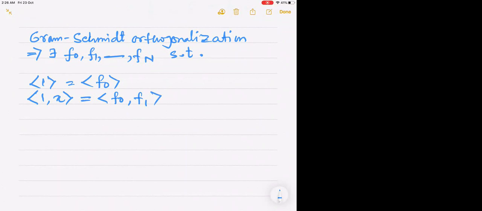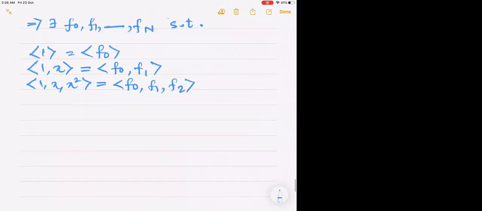All polynomials of degree less than or equal to 2 can be expressed as a linear combination of f0, f1, f2, and so on, up to 1, x, x squared, ..., x to the power n, which should be expressible as a linear combination of f0, f1, f2, up to fn.